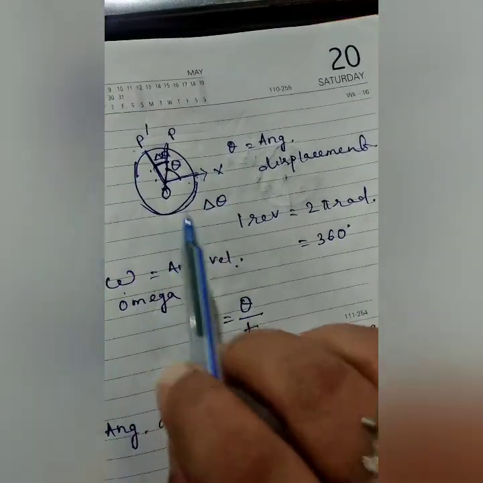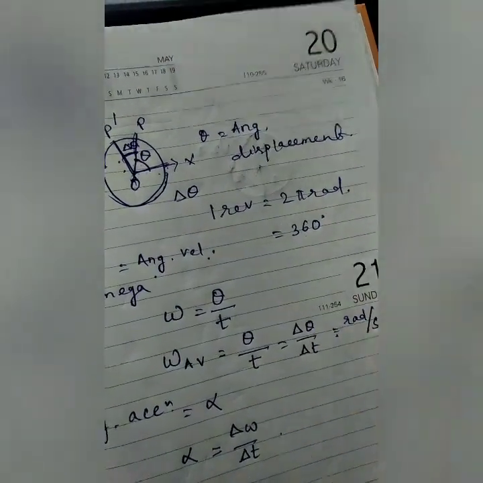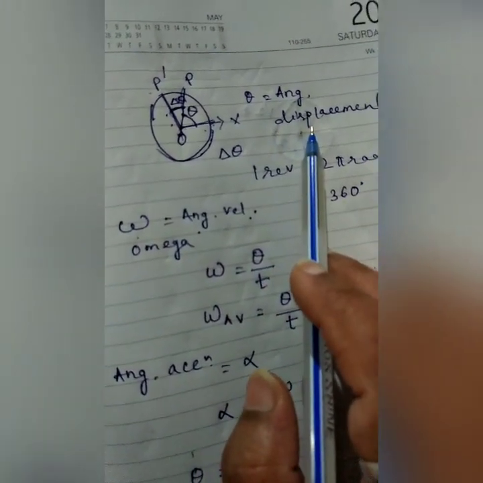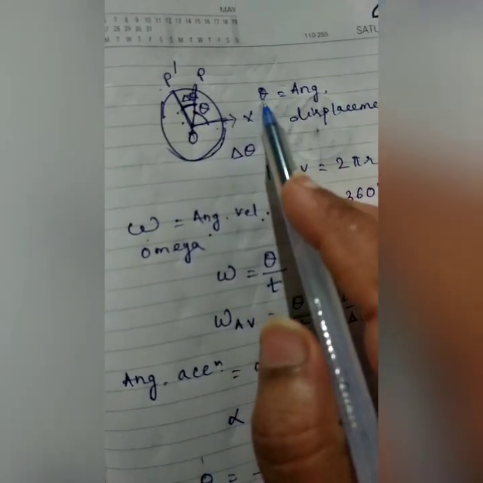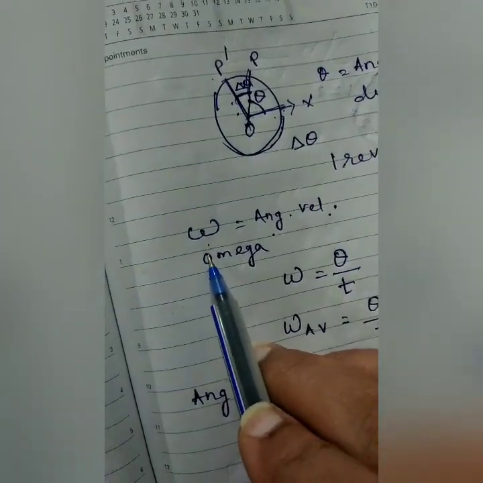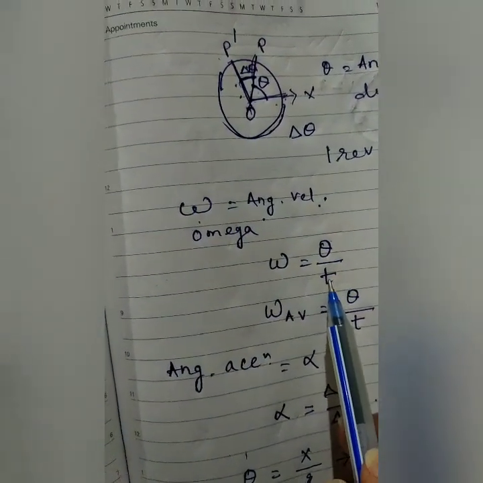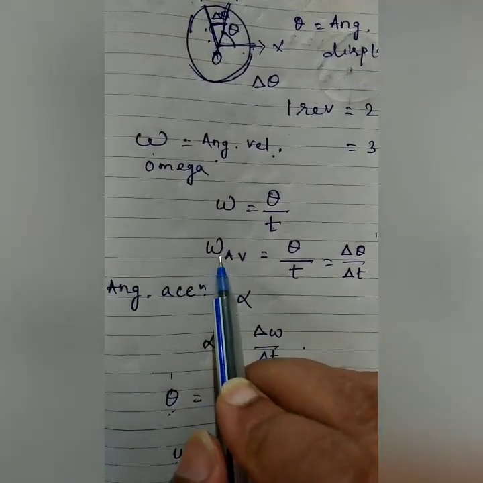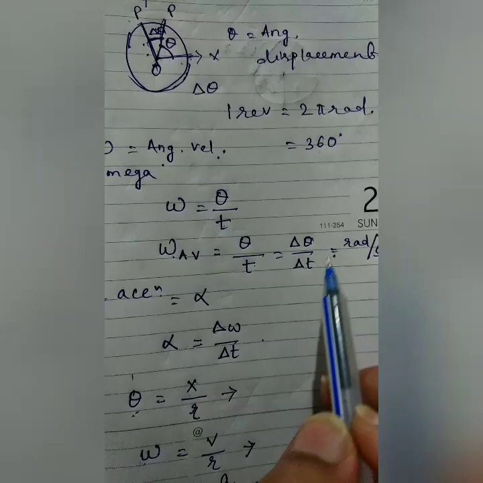So for 1 revolution it will be 2 pi radian, like 360 degree. Already we have got the relation about this. Now you have read that linear displacement symbol is L and angular displacement is theta. Now come to angular velocity. The symbol is omega. Omega is equal to angular displacement by time, and average angular velocity is equal to change in angular displacement by change in time.